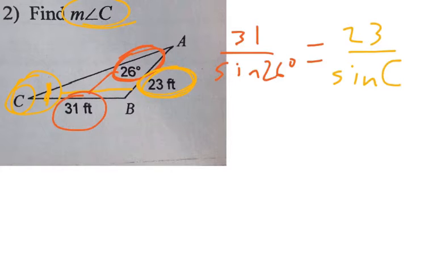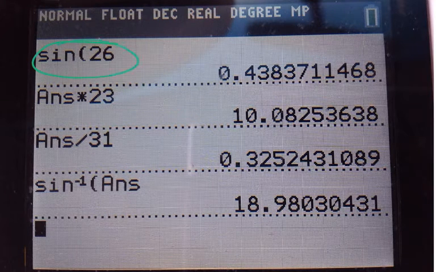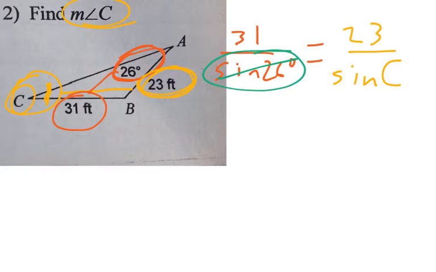Well, we can do the sine of 26 in our calculator. And if you look right here, the sine of 26 is 0.438. Let me use black here, it should stand out a little better. From here, we're going to cross multiply.